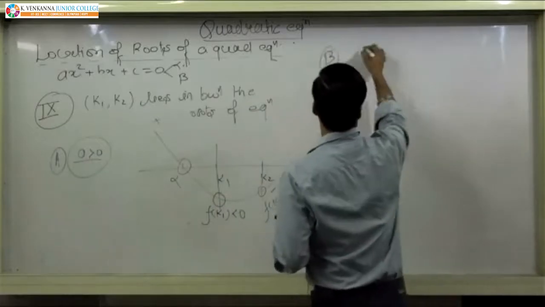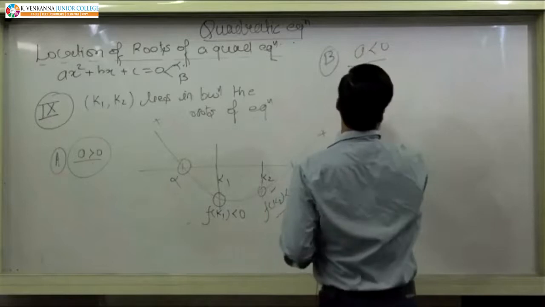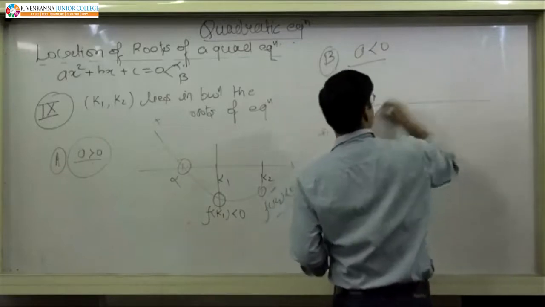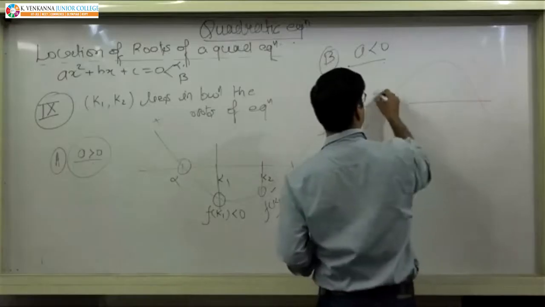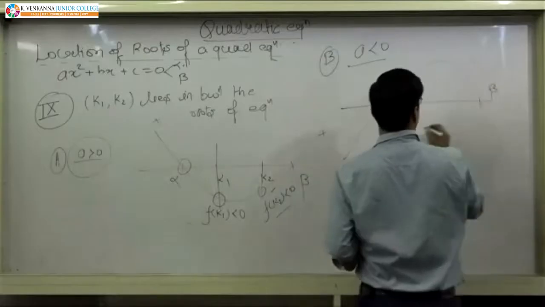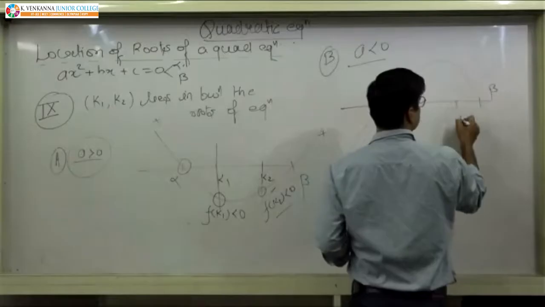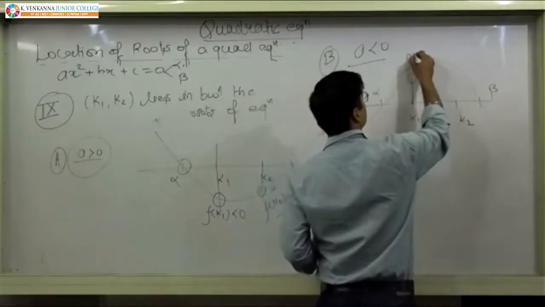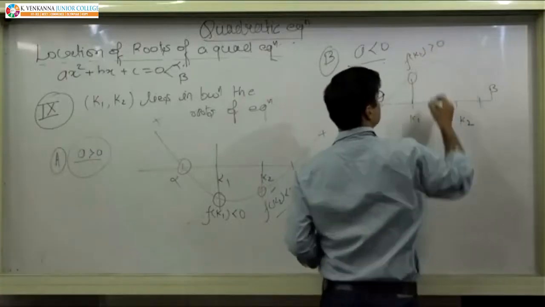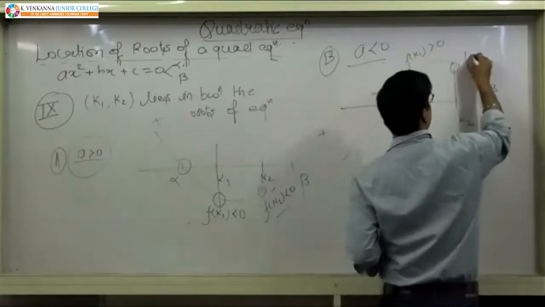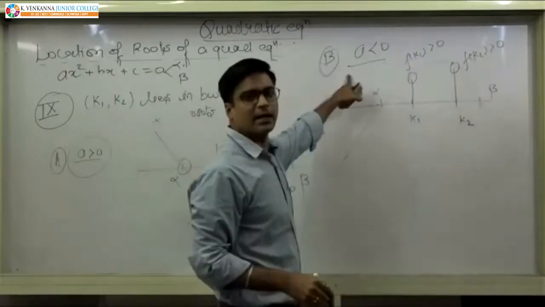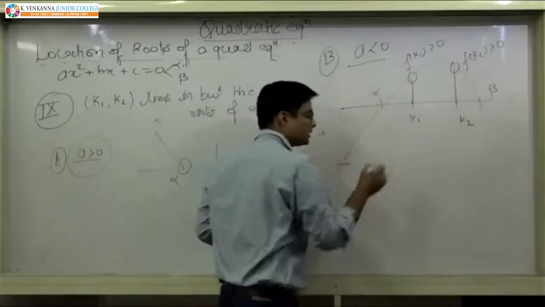Let's say second case, A is lesser than 0. Let's say this is your curve. This is your alpha and this is your beta, and this is your K1 and this is your K2. So f of K1 is greater than 0, and f of K2 is also greater than 0. Now A is negative, so it will be negative here.